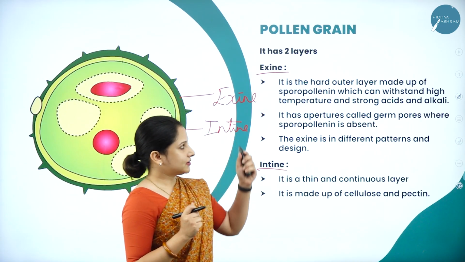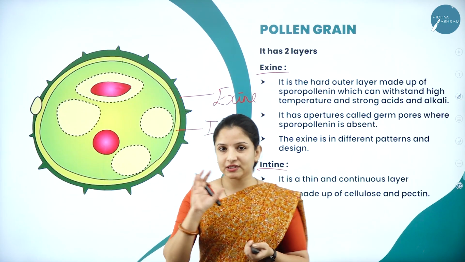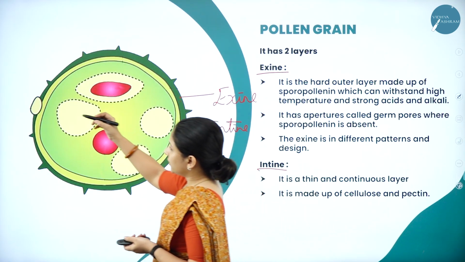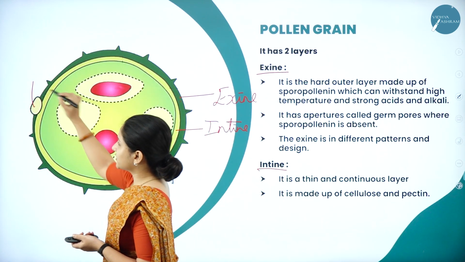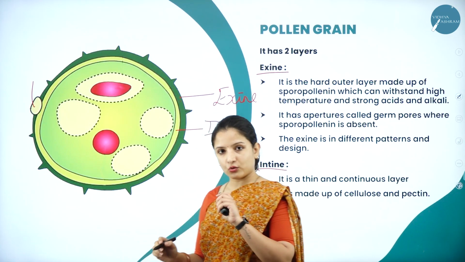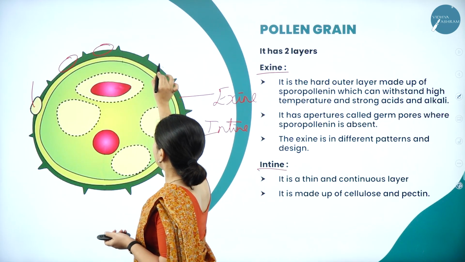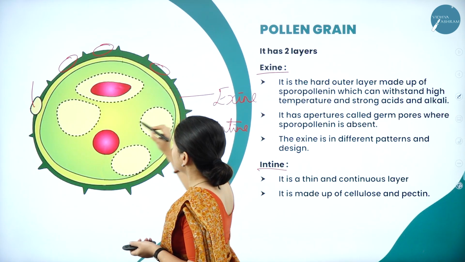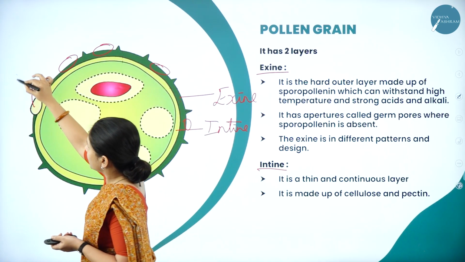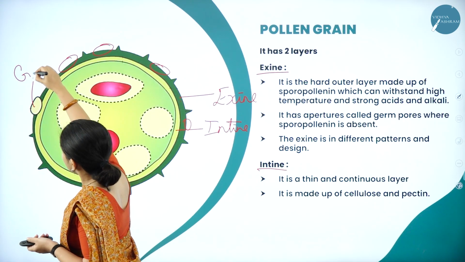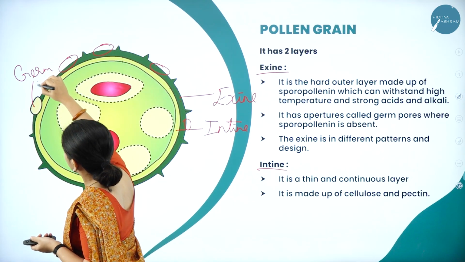Apart from that, when you see the exine on the pollen grain, you can see pores like this. The pore will not be present only on one region. It will be present wherever possible in different regions. Inside this pore, it is called the germ pore.